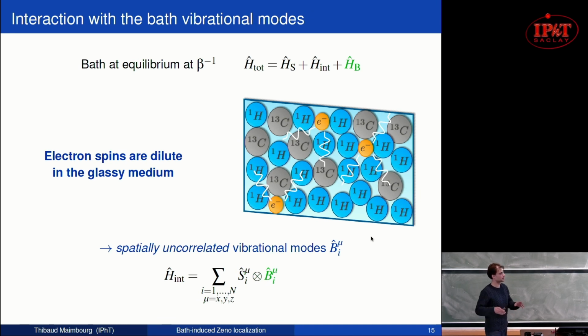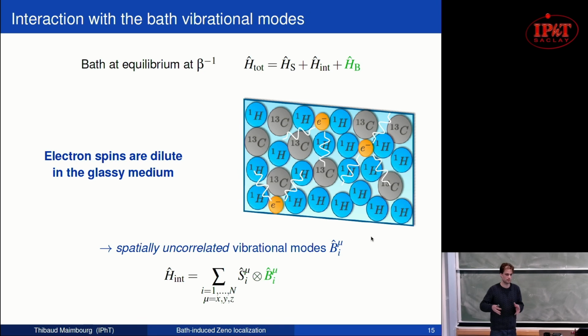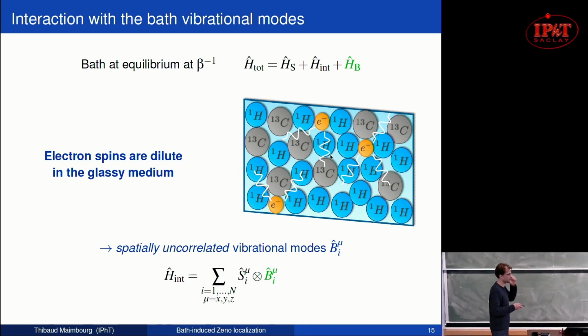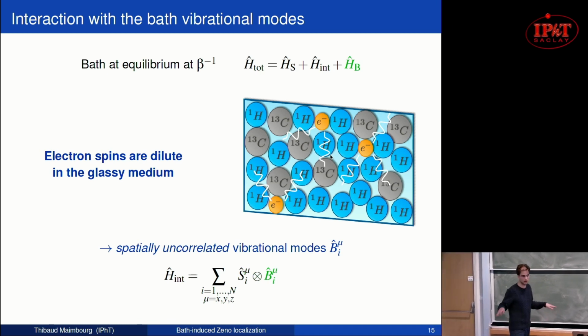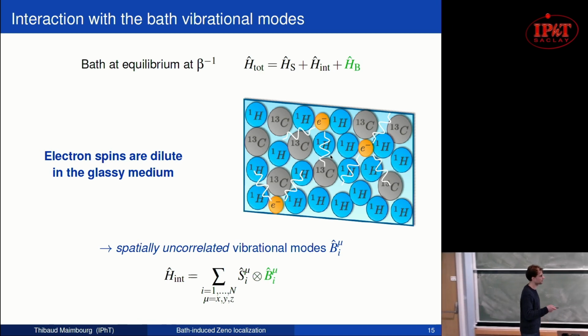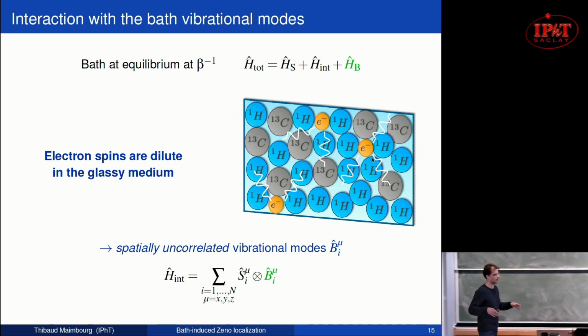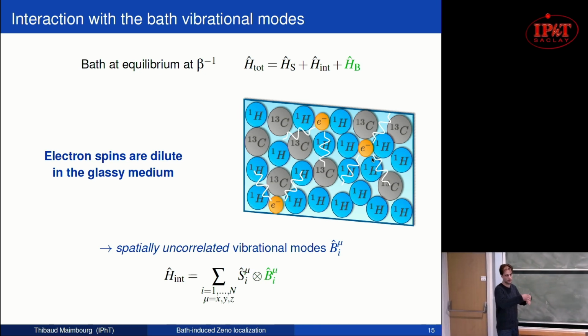Well, in a glassy system, you have vibrations that can be spatially localized, so that's a natural thing to consider here. But also, if you consider just the phonons that are always there, acoustic phonons, the fact that spins are very dilute means that you have large distances between the electron spins, and the phonons will decorrelate over large distances.